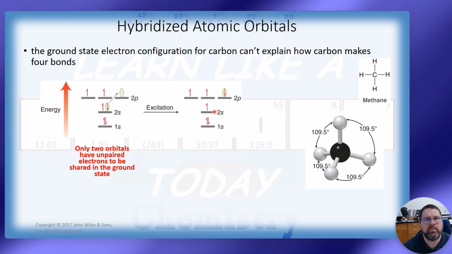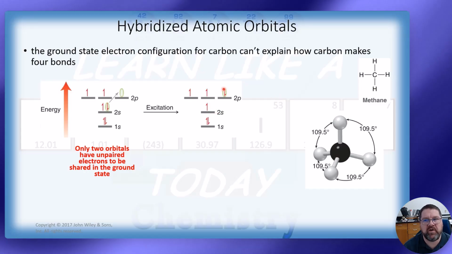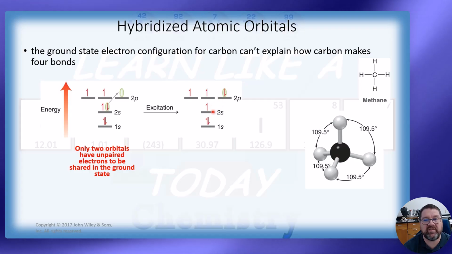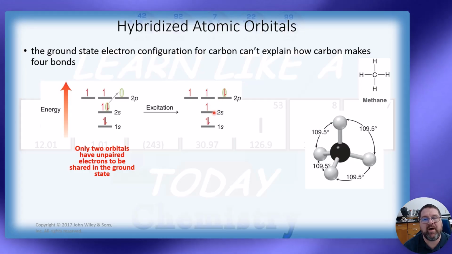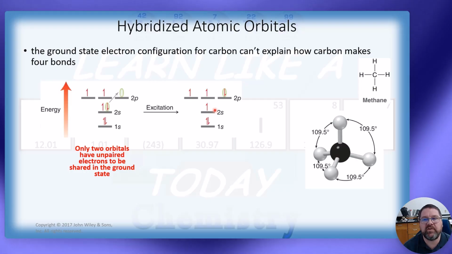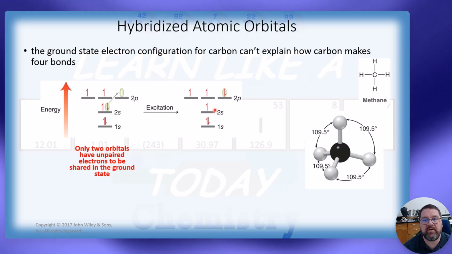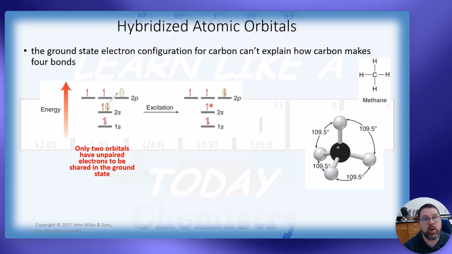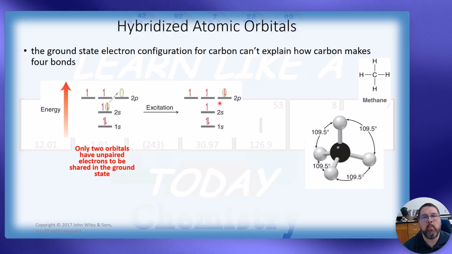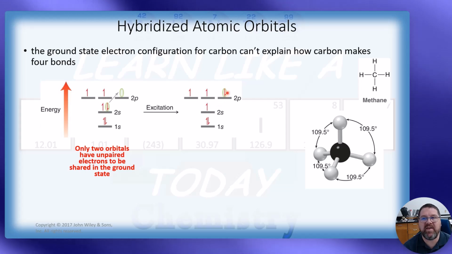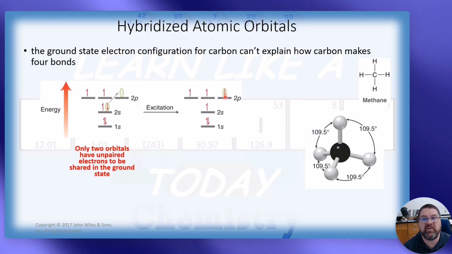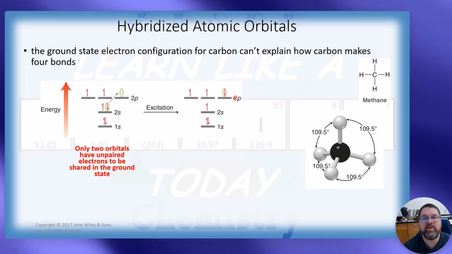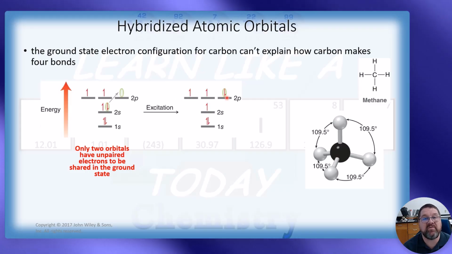And you might say, well, I thought Aufbau said we couldn't fill electrons in until the previous energy level was completely filled up, and that's true. However, there are some exceptions, and one exception would be when you think about, in order to get the electron up there, that's going to require an energy input. But the kickback that we get from having that extra electron in the 2p level is that now the 2p level is half filled.